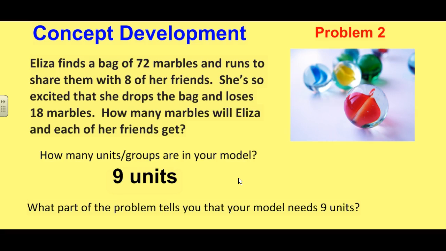Well, I just read that. How many marbles will Eliza and each of her friends get? So that tells me right there that it's not just her friends getting the marbles, it's also Eliza getting the marbles. So keep this in mind when we're working on this problem, that there's not just 8 groups, there are 9 groups.